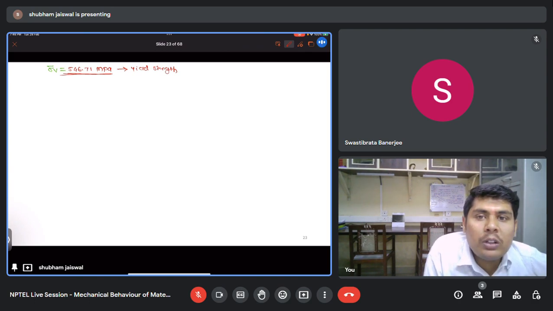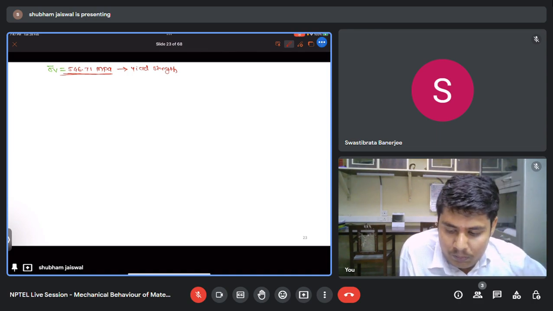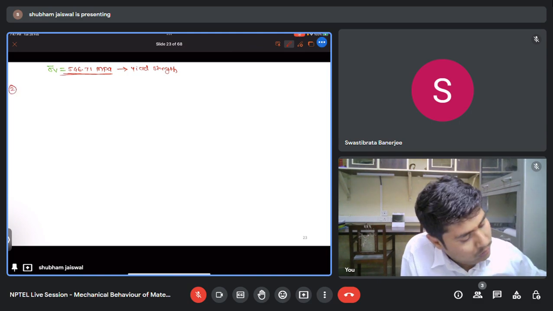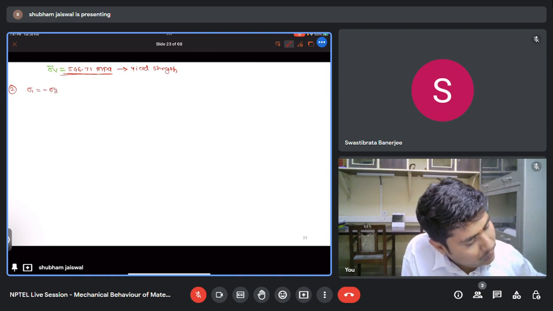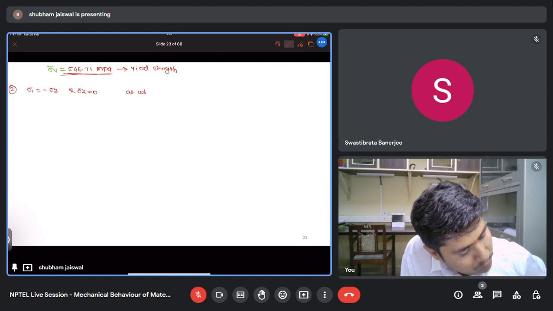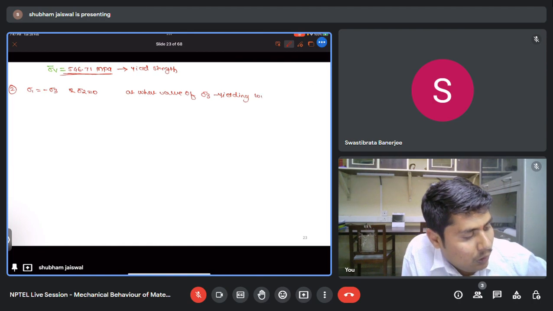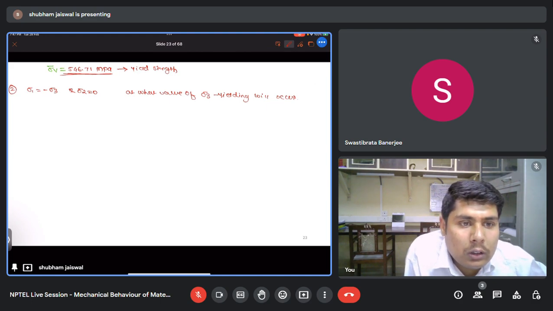So what is the minimum value of sigma 3 needed for yielding to occur? This is what they are saying for part 2. Can you find out?